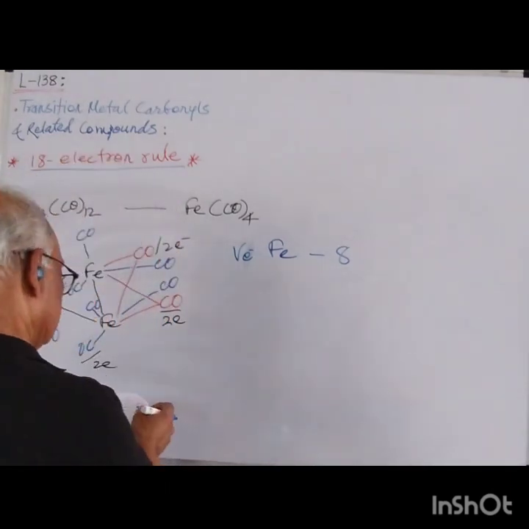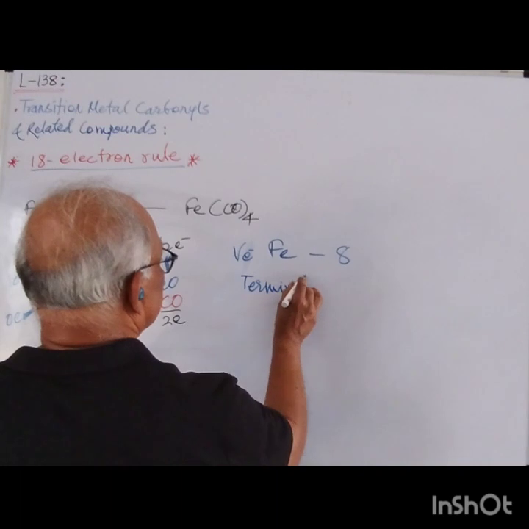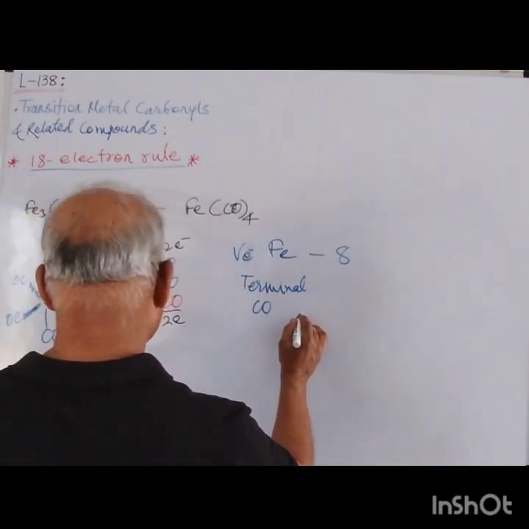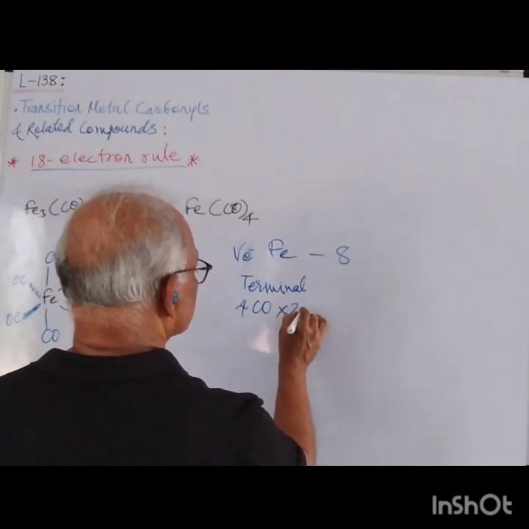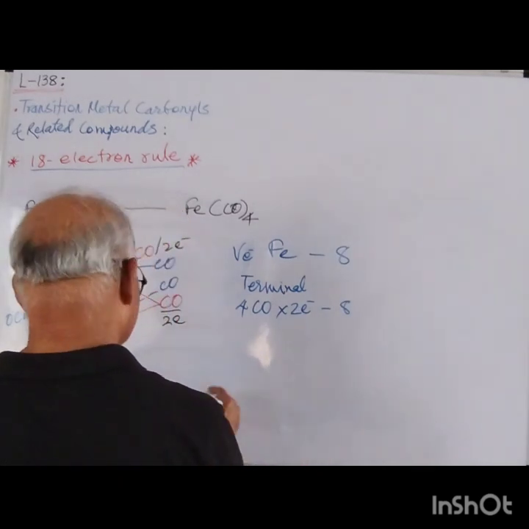Then the terminal carbon monoxides, that is 4, into 2 electrons, so this will give us 8 electrons.